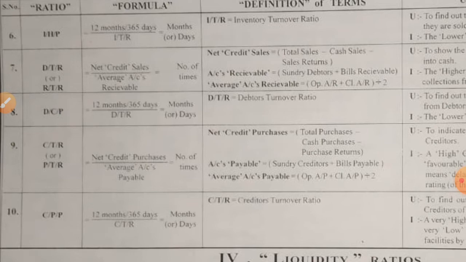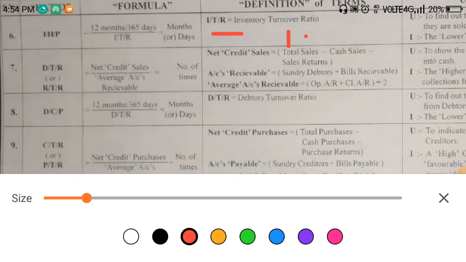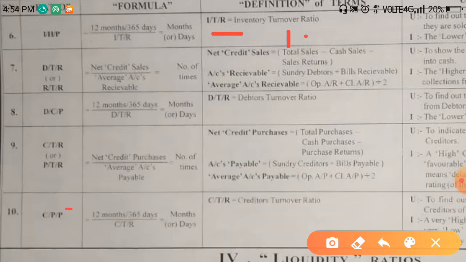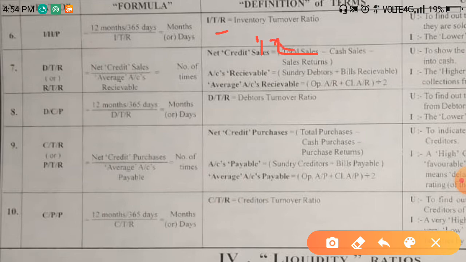If your inventory turnover ratio is more than 12, please remember it, then we need to take 365 divided by inventory turnover ratio.